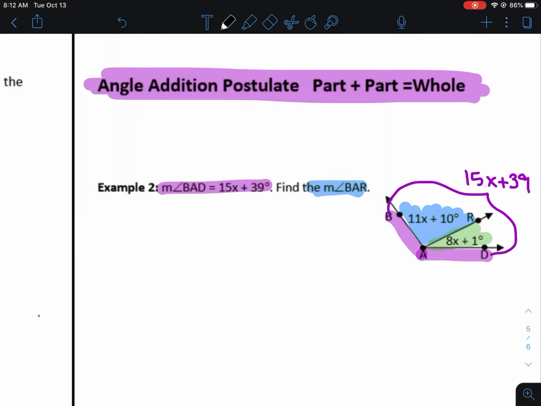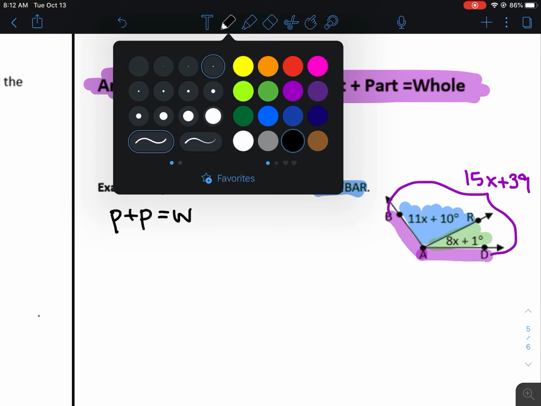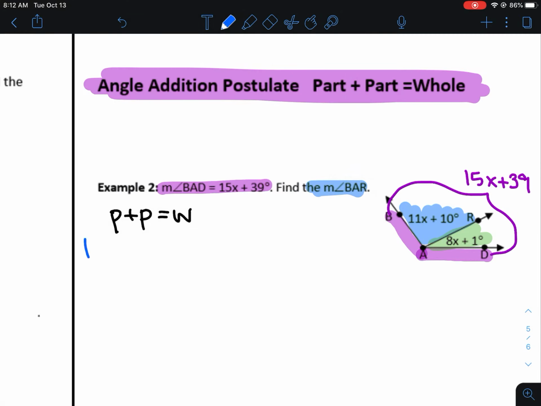All right, so this is definitely a part plus part equals whole, because we have a part here, and the whole thing there. So that's kind of how you can tell as well. So this is going to be part plus part equals whole. This one doesn't really have any key words. That's kind of how I know it's part plus part equals whole as well. So the first part is 11x plus 10. The second part is 8x plus 1.